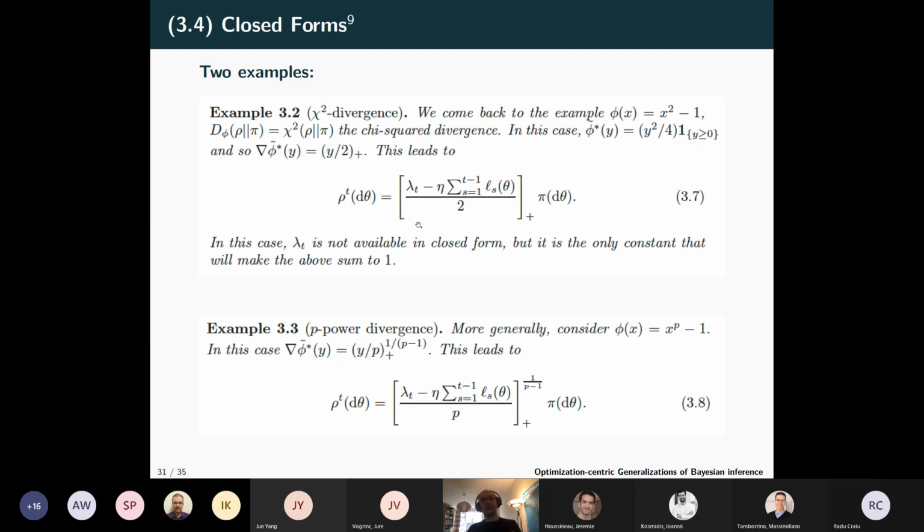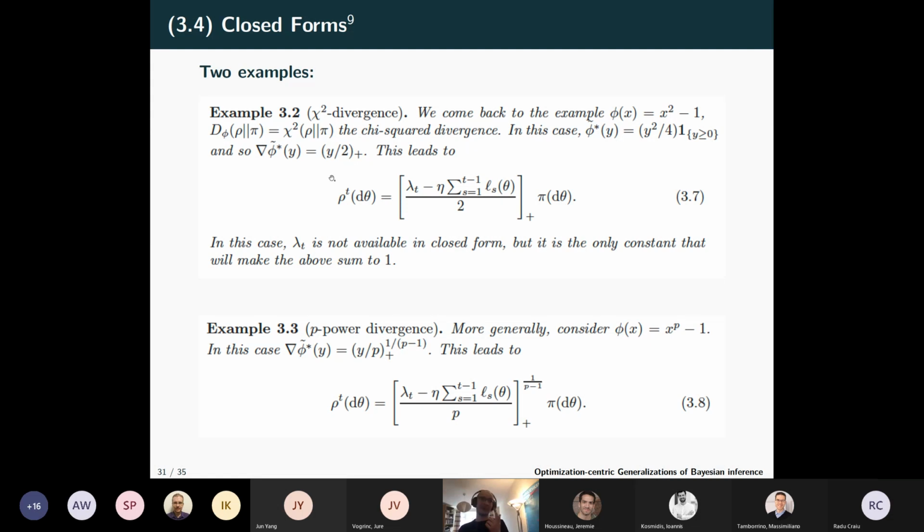And if you pause for a second and look at this posterior, what you'll notice is this very cool normalization constant, lambda t. You know how in normal Bayesian inference there's a normalization constant, but at least it's multiplicative. Here we have one, but it's not even multiplicative. So it's kind of nice because you can write down this sort of generalized posterior, but you can probably not compute it very easily.